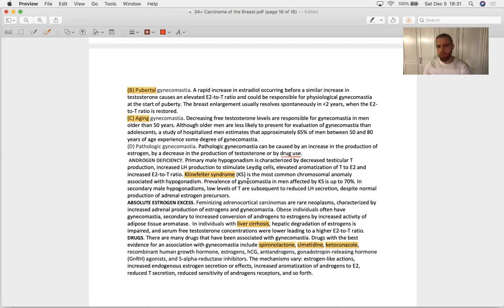Maybe you're taking spironolactone, maybe you're taking ketoconazole, maybe you're taking cimetidine. Those are 3 different drugs right there that can lead to gynecomastia as a side effect. And Klinefelter syndrome, common chromosomal abnormality, that's going to be our XXY. And gynecomastia appears in 70% of patients affected with that chromosomal syndrome.